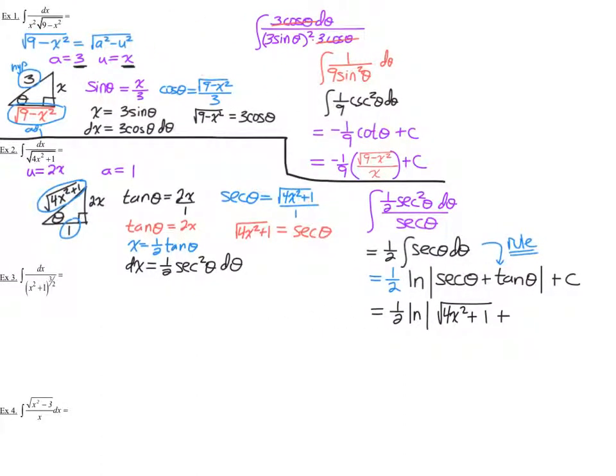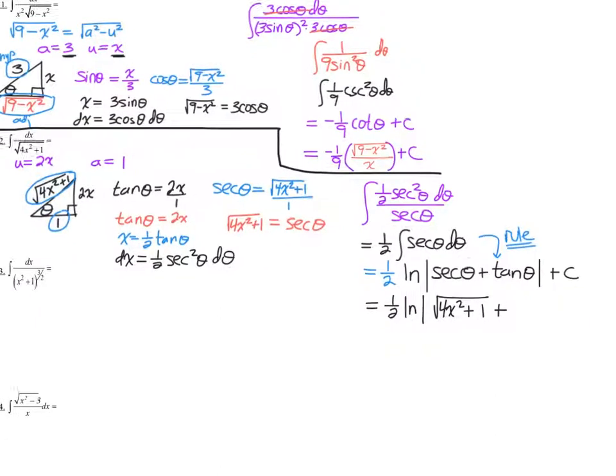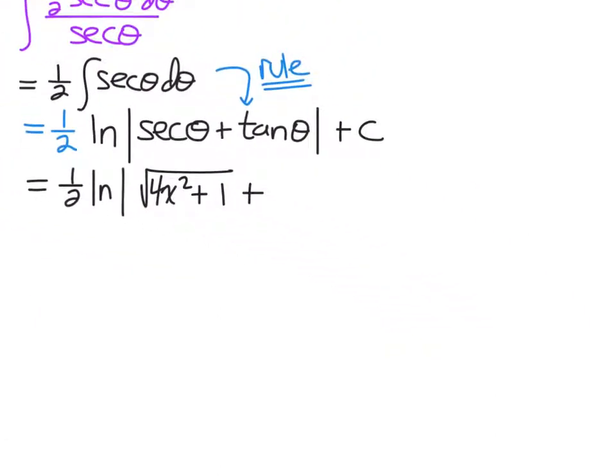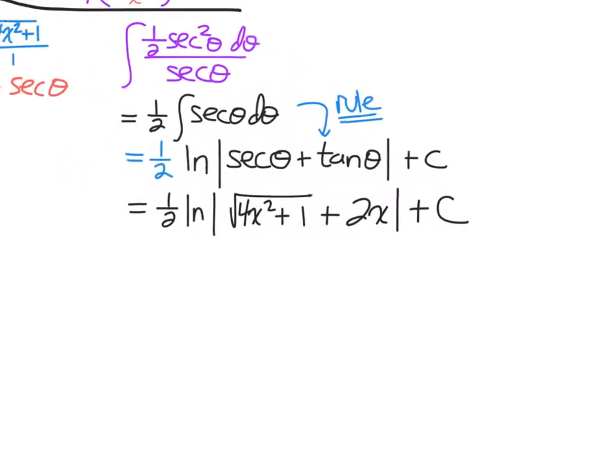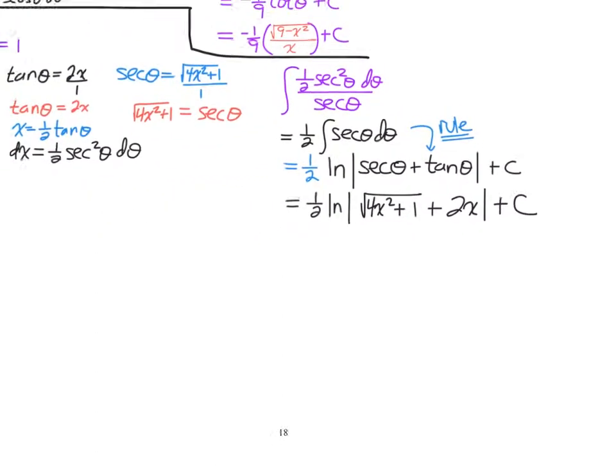So you're just looking for the opposite side of your theta, 2x, over the adjacent, which is 1. So 2x over 1, which is 2x. Plus C.